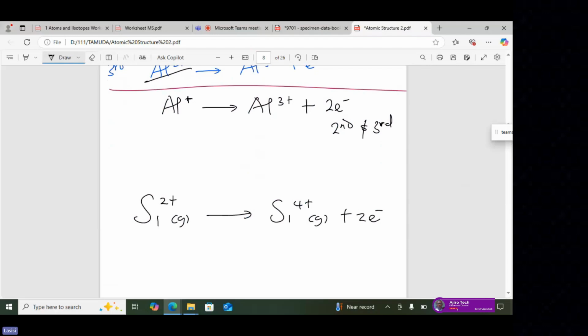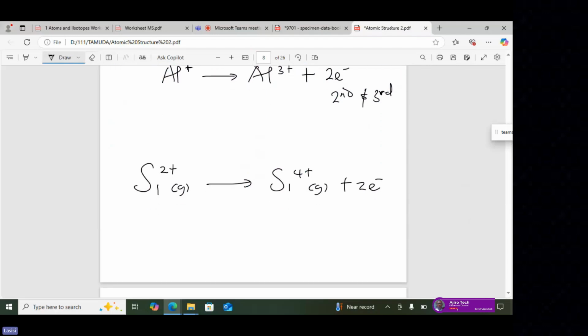Which one is first for silicon? Si to Si plus. That's first. Is there Si here? No, it's not there. Second is Si plus to Si2 plus.